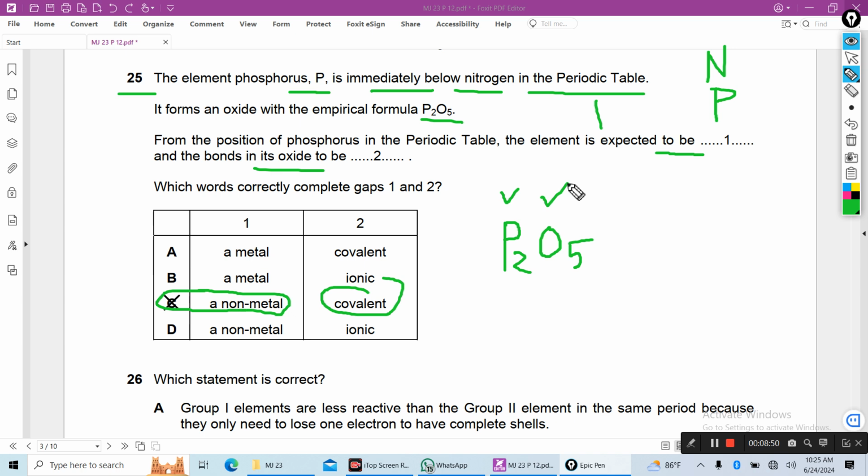When two non-metals combine, they form a covalent bond, covalent compound. So C is the right answer.